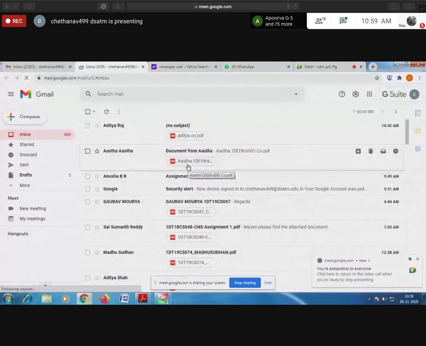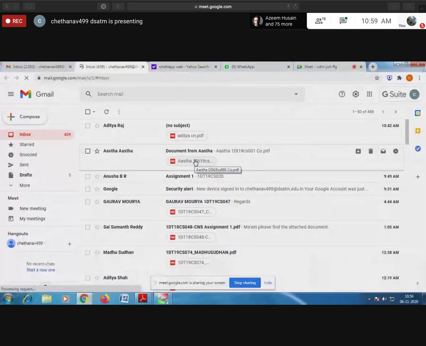Okay. See, one more thing, I just want to inform you. I found out some people are giving the same copy. Some students have duplicated, they just erased the name of the student and are giving it. Please don't do these things. If you do this, 100% you will be caught.